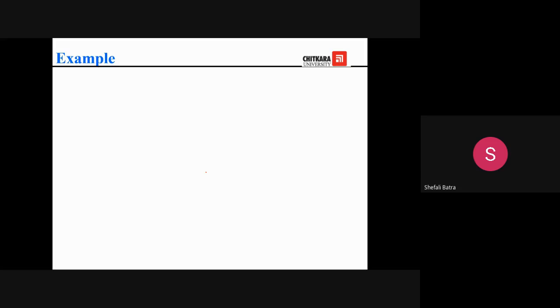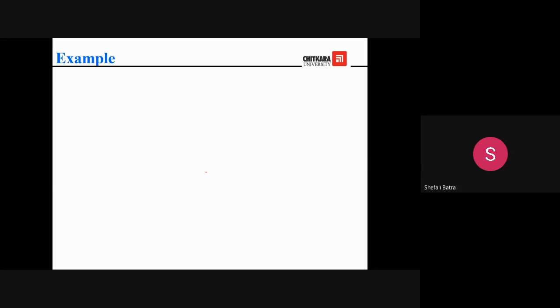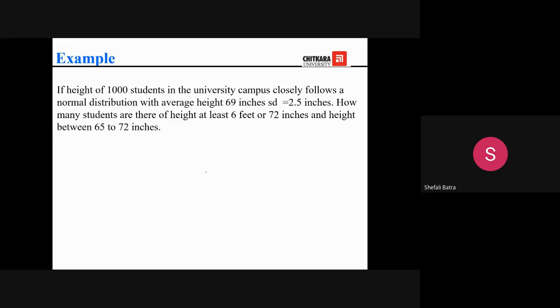So these were the examples when the question is directly in terms of Z. You need to find out the area. Now the question is in the form of a statement. It means X is given to you, then you need to convert X, that is normal variable, into standardized normal variable, that is Z. So let us have this example. If height of 1,000 students in the university campus closely follows a normal distribution with average height 69 inches, average means mean is given to you.